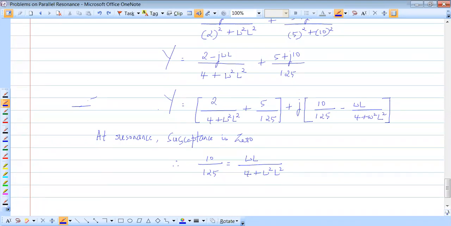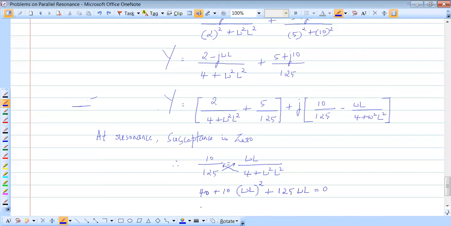Let's see that. Now, take this onto the left hand side, and take this onto the right hand side like this. So you are doing this and doing this. So it would be 40 plus 10. Because we are talking about a quadratic equation, this is the square term, plus 125 omega L equal to 0.